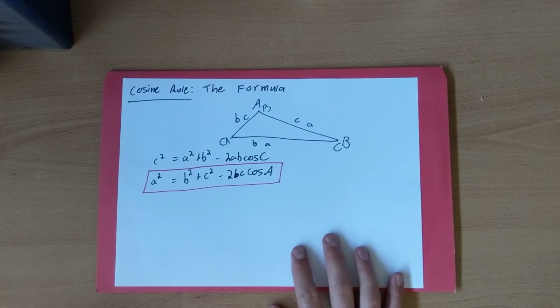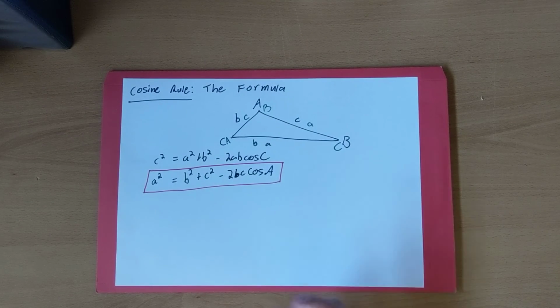Now you might ask then, when you're using this formula, does it make any difference what side lengths and angles you put in the positions of a, b, and c in this formula? And the answer is not really, but kind of, and I'll explain.